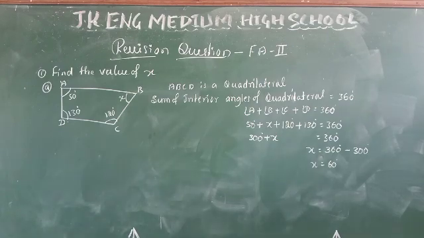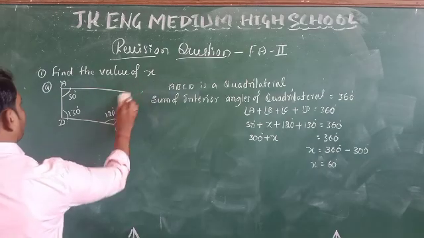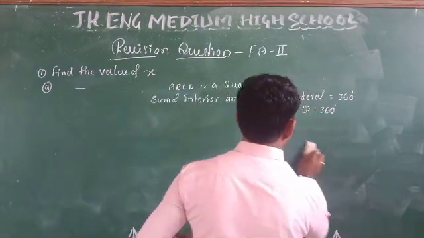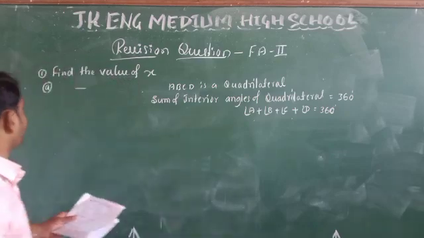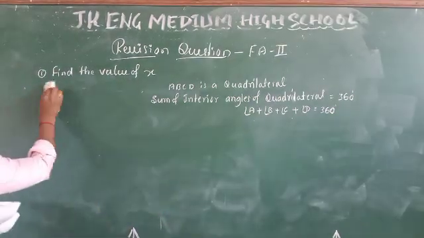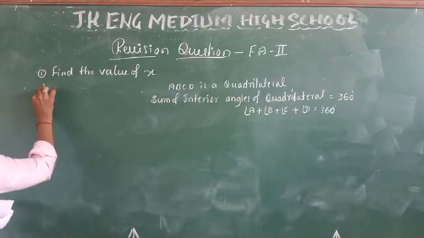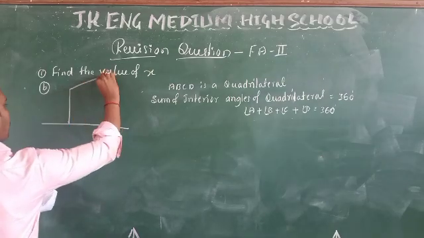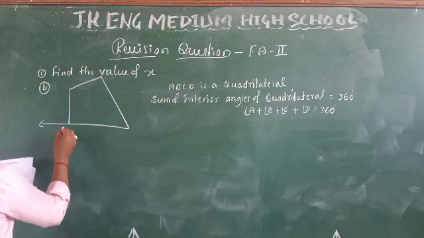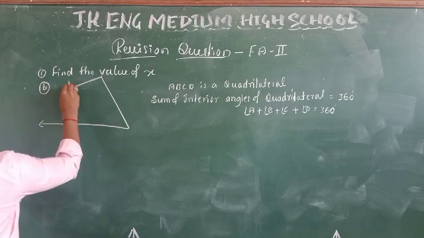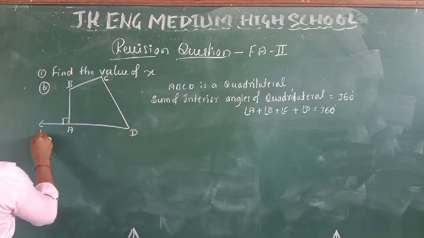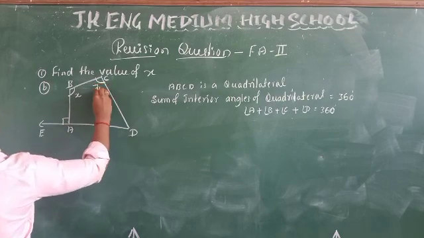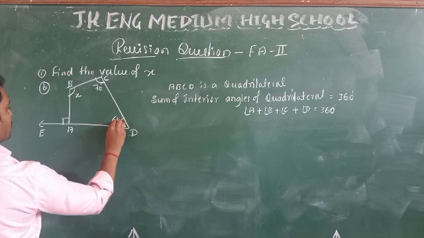Okay, I'll solve one more question. The second diagram is B, okay, this is 90 degree, A, B, C, D, and this is E. So this is x, and this is 70 degree, and this is 60 degree.